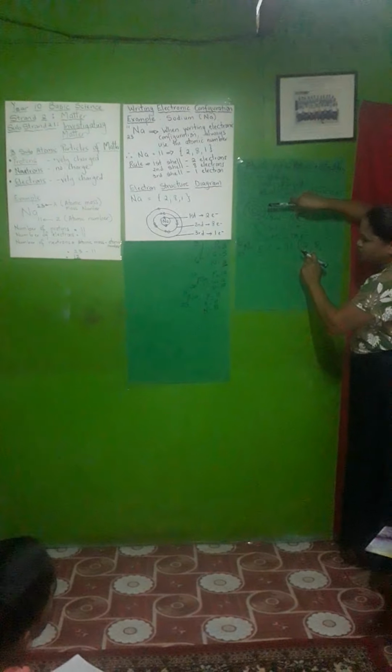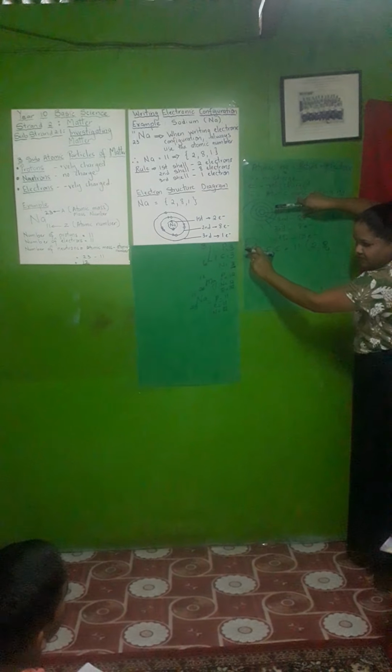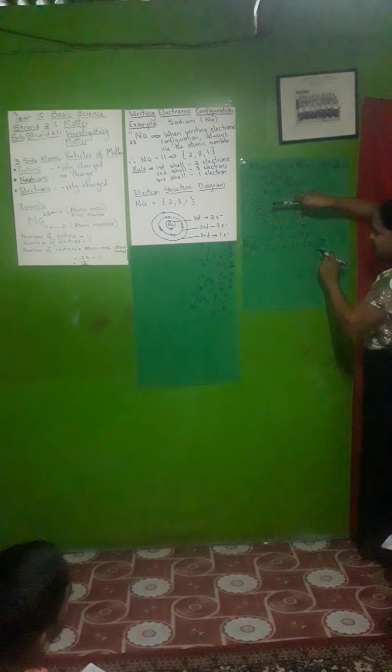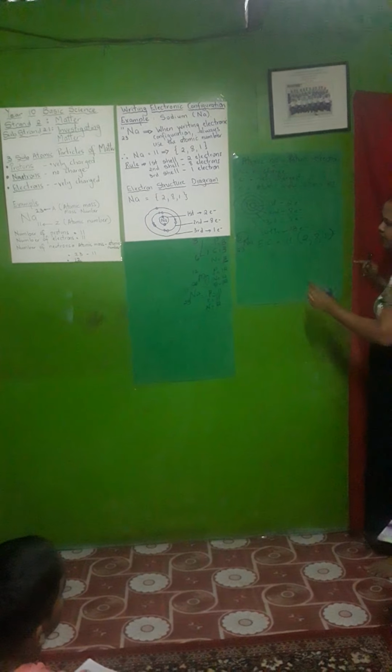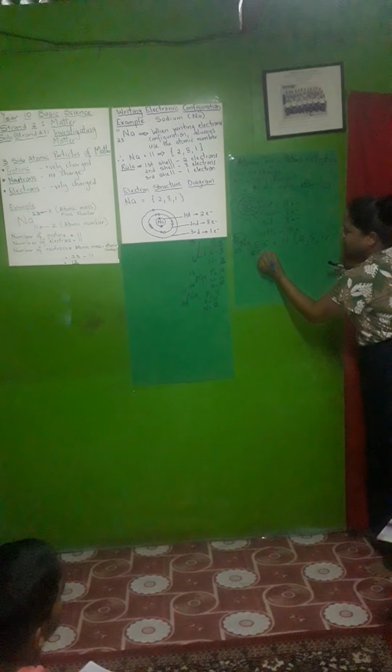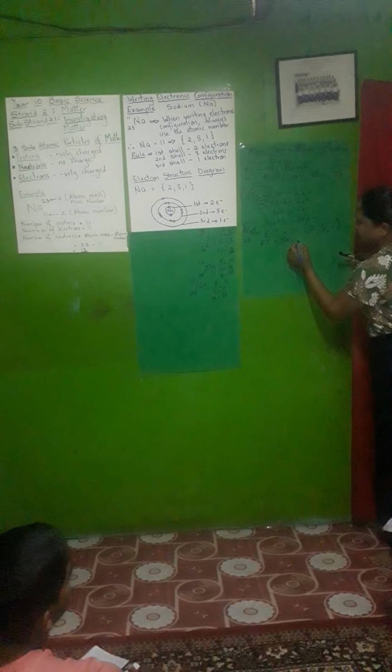Therefore, it can fit the 8 electrons. And the remainder is 1. 8 plus 2 is 10, and here it is 11. So 11 minus 10 is 1 in the third shell. Therefore, the electron configuration of sodium is 2, 8, 1.